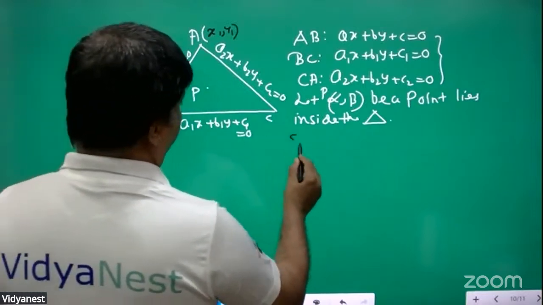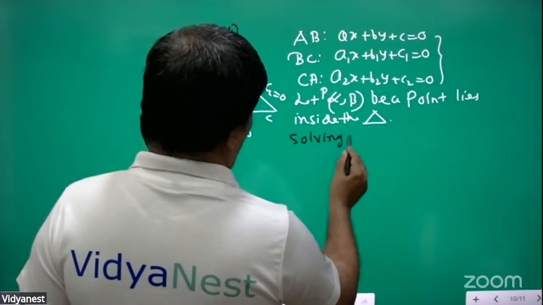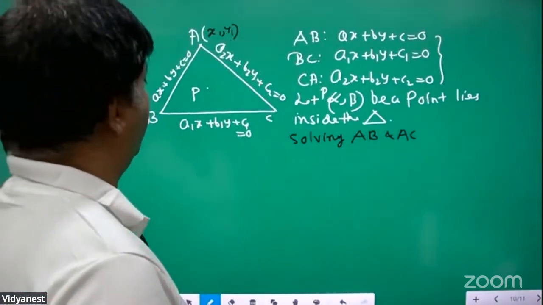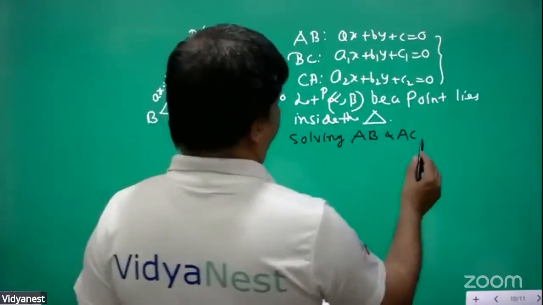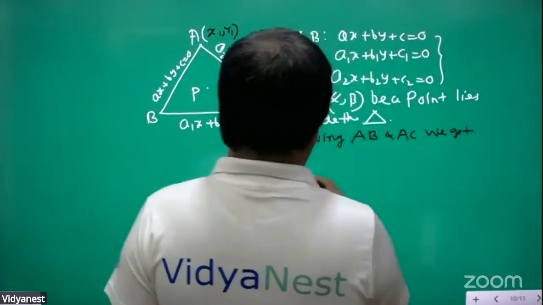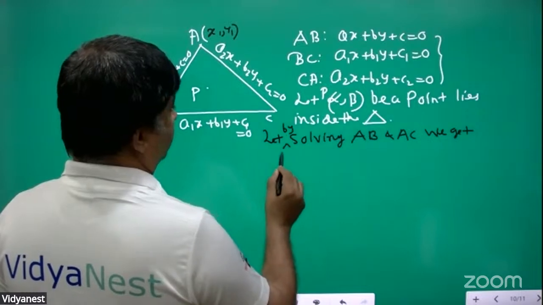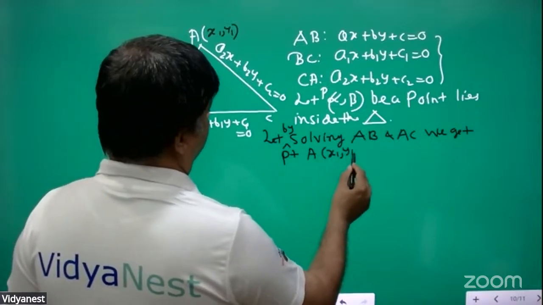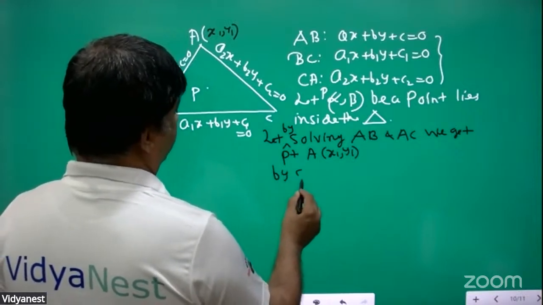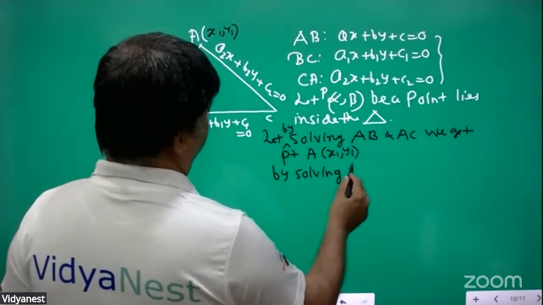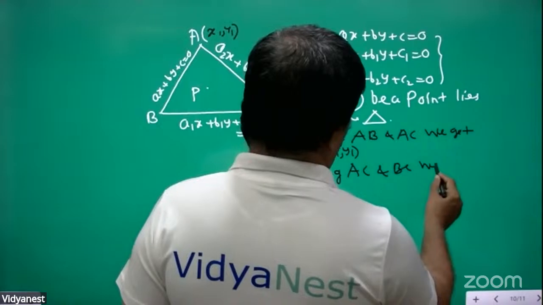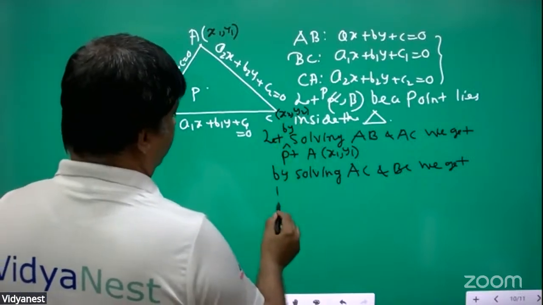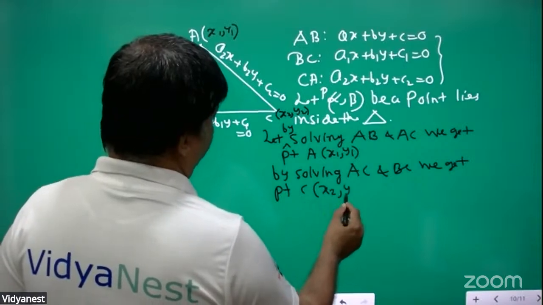By solving AB and AC, we get point A (x1, y1). AC and BC, we get point C, (x2, y2).